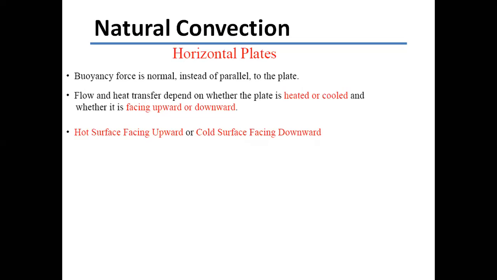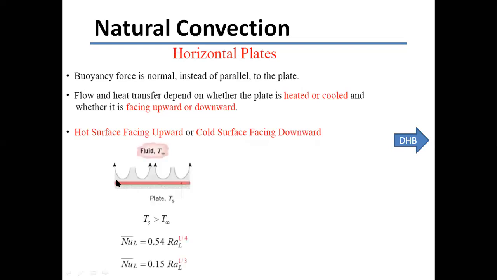So let us say there is a hot surface which is facing upward. Here the assumption is that the bottom surface is insulated. So what happens? Only the hot upward-facing surface is exposed to air.